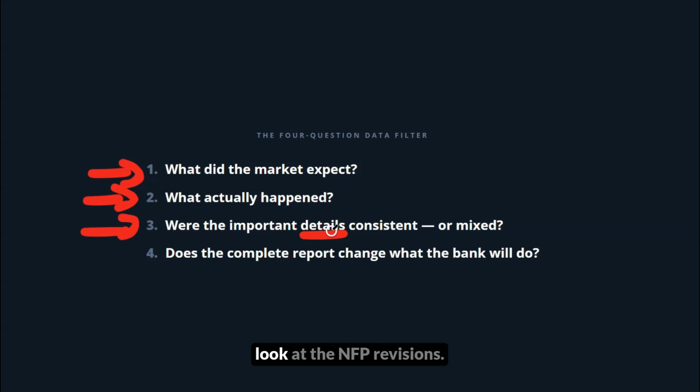For instance, we're going to look at the NFP revisions. We're going to look at the components of the NFP. Those details are going to matter. And fourth, again, the same exact question: does the complete report, the whole of it, change what the central bank will do next or not? This is the process, the checklist. Now let's go through each and every one step by step.